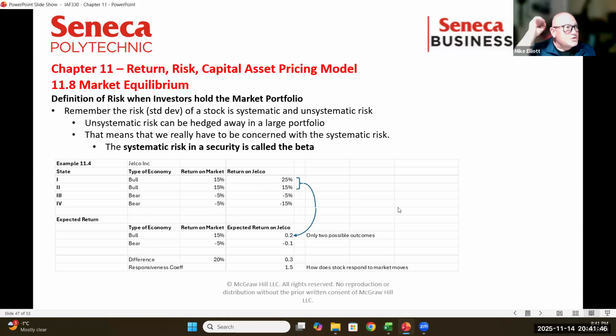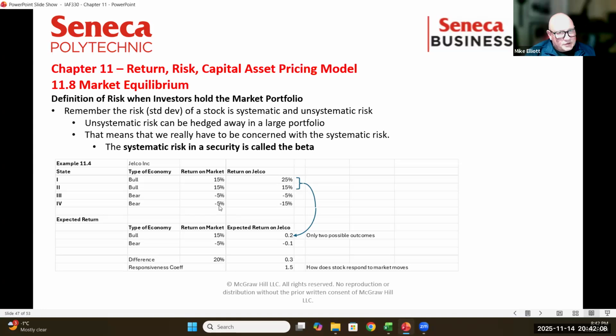Now, in each one of these markets, there's only two available alternatives. The bull market only goes up 15%. Half the time we go up 25, half the time we go up 15. That means that the expected outcome is 20%.